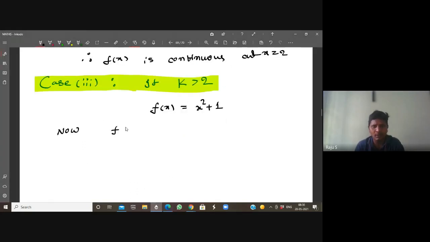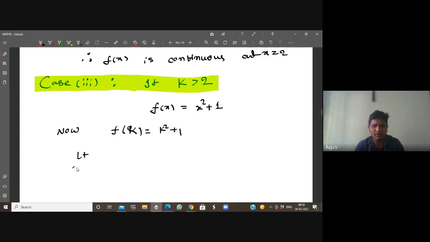Now, for f of k, see, greater than 2 means k value might be 3, 4, 5 up to plus infinity. It's better to find f of k. f of k is k square plus 1. This is actually RHS.